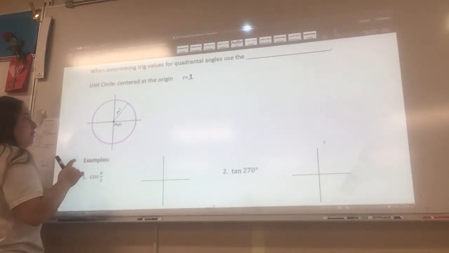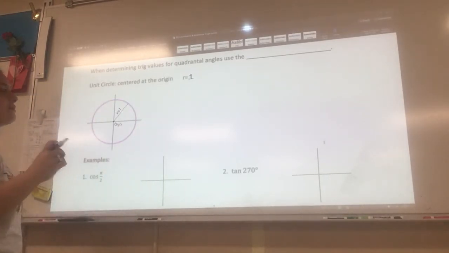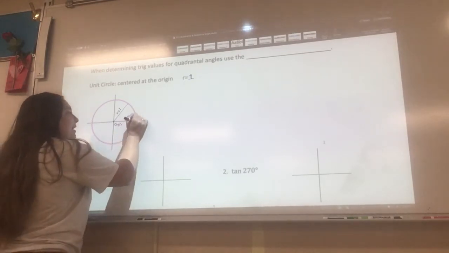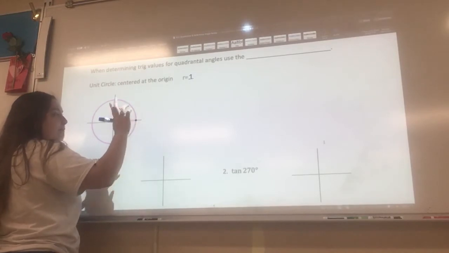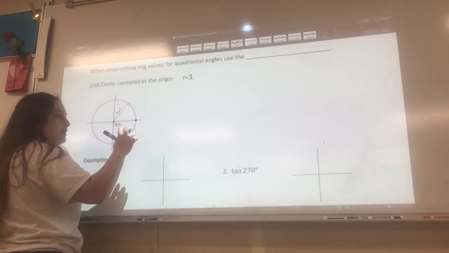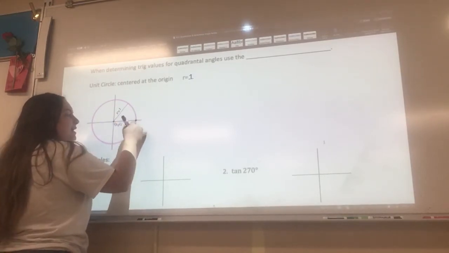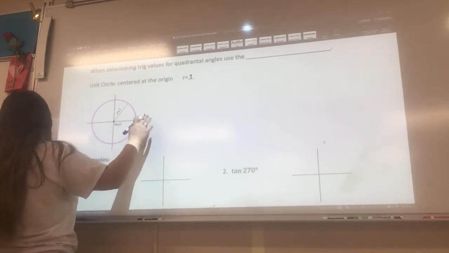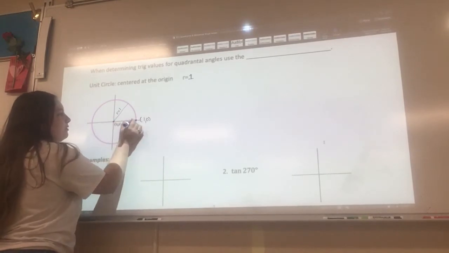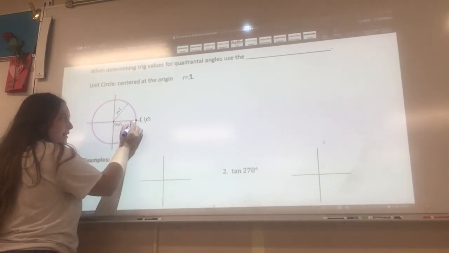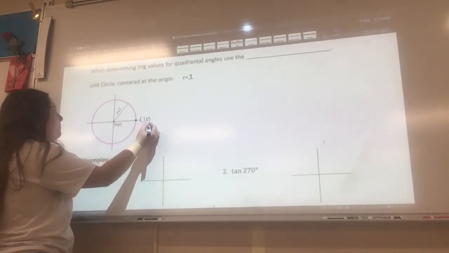Okay? Our quadrantal angles specifically happen at these points. So when this is at our pi, our 2 pi, or our 0, or our 360, it is at point 1, 0. Because remember, r is only 1, so from here to here is an x of 1, and our y is still at 0.